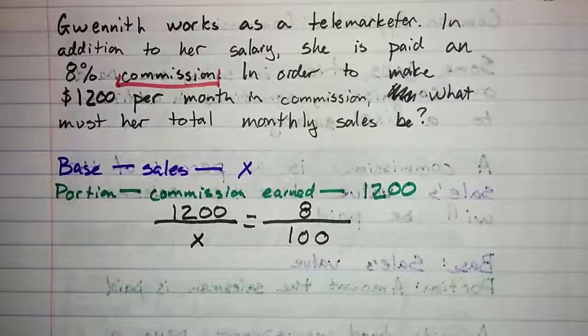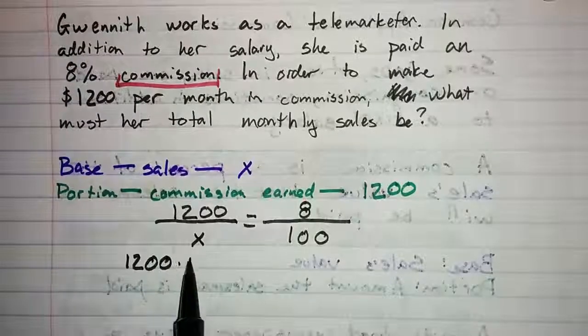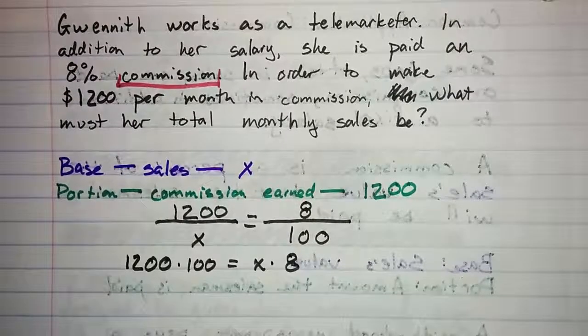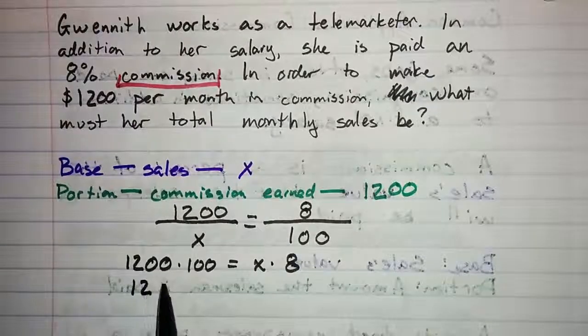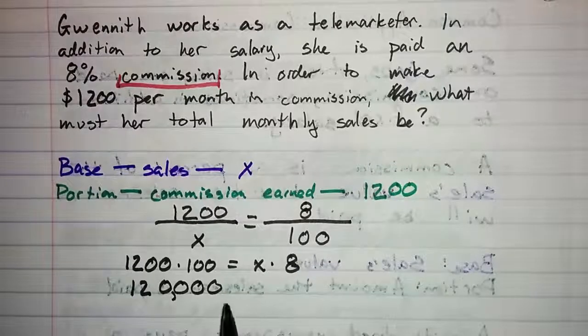Now we're ready to solve this proportion. We cross multiply. 1,200 times 100 is x times 8. This multiplication is easy, right? This is going to be 12 followed by 4 zeros. 120,000.